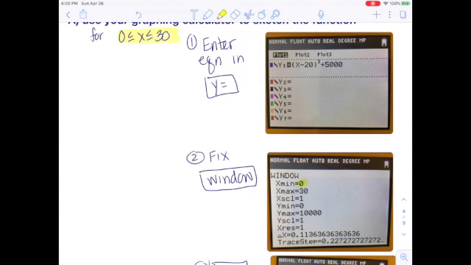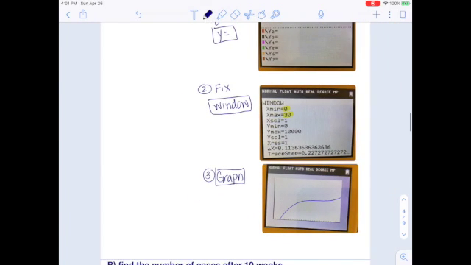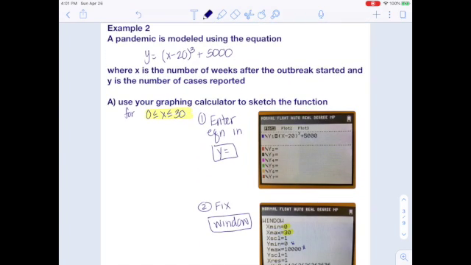So I did, let me get my x min, because they told me I wanted my lower boundary to be 0 and 30 to be my max. So that will label my x min 0 to 30. And then I had to choose my y min and y max. So I chose it at 0 because that kind of logically makes sense for a pandemic, right?